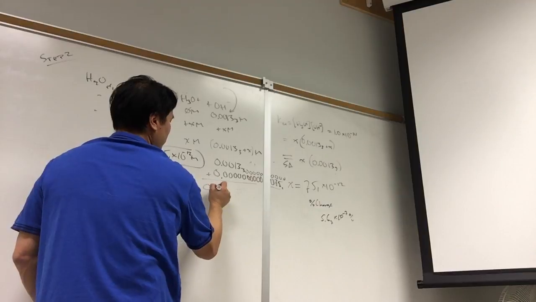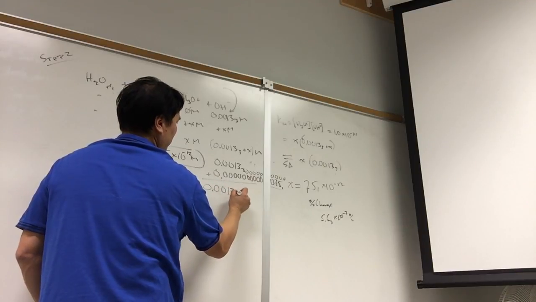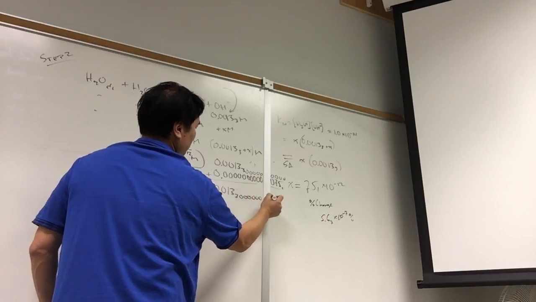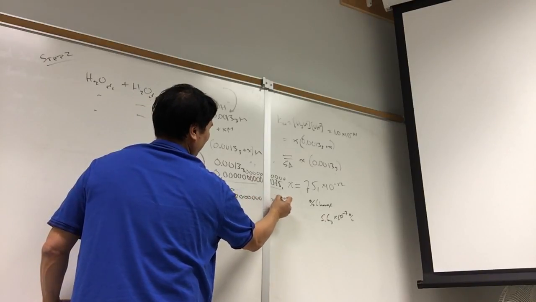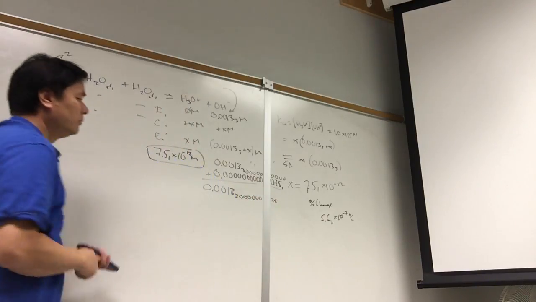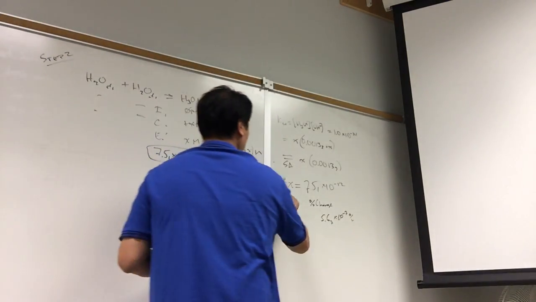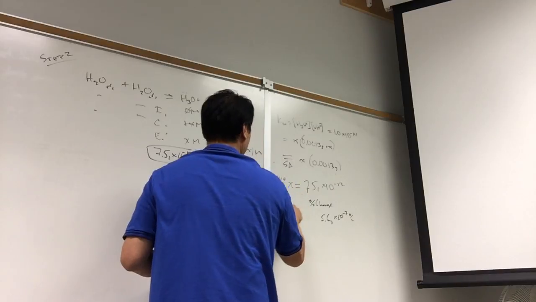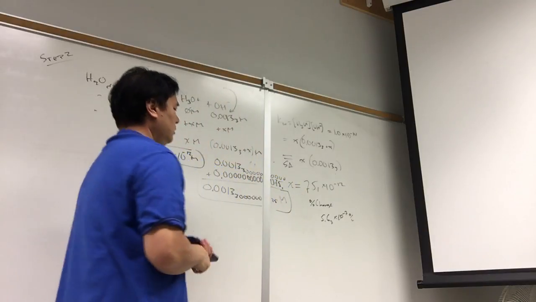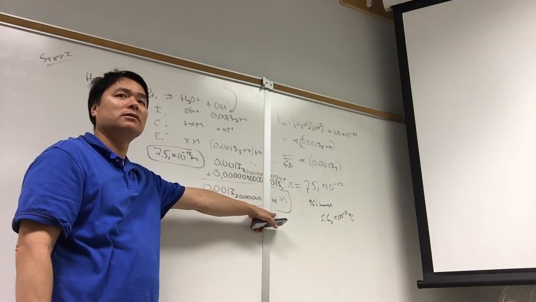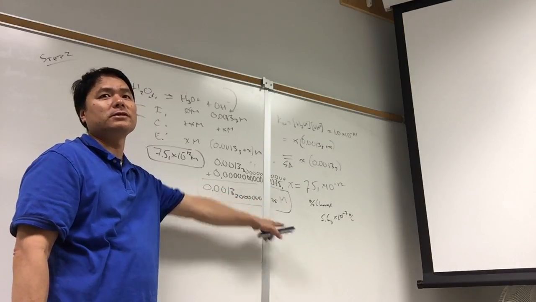So it's going to be 0.00133, then 6 zeros, and then a 7, 5. And so the additional hydronium is the 75 at the end. Was that significant? No, that was insignificant.